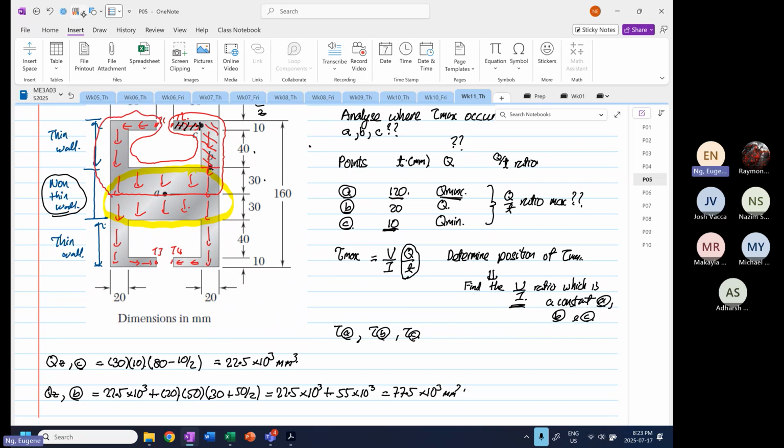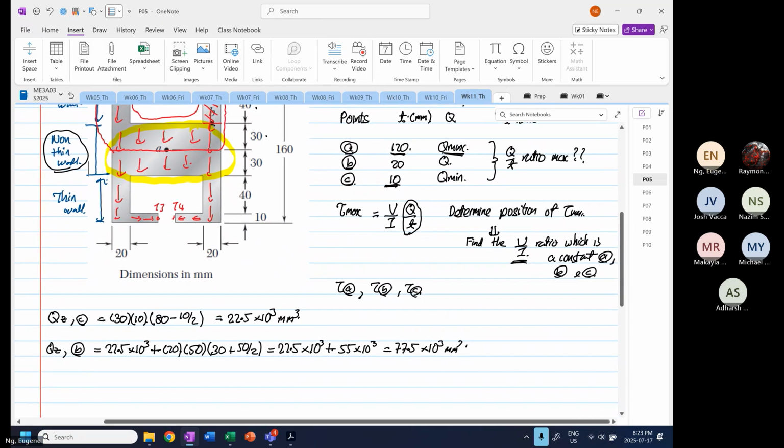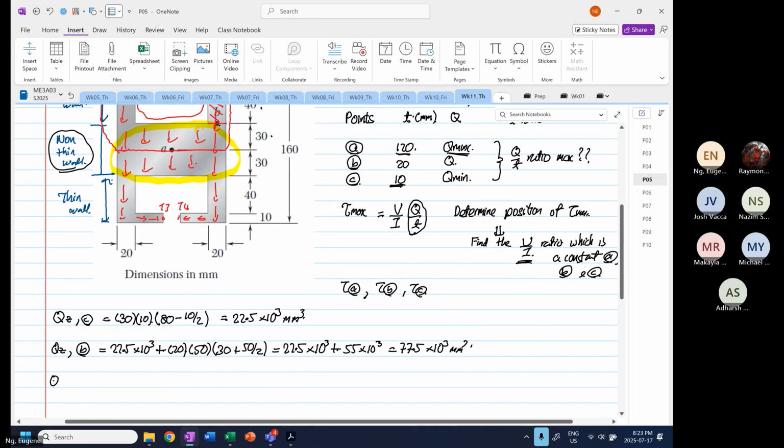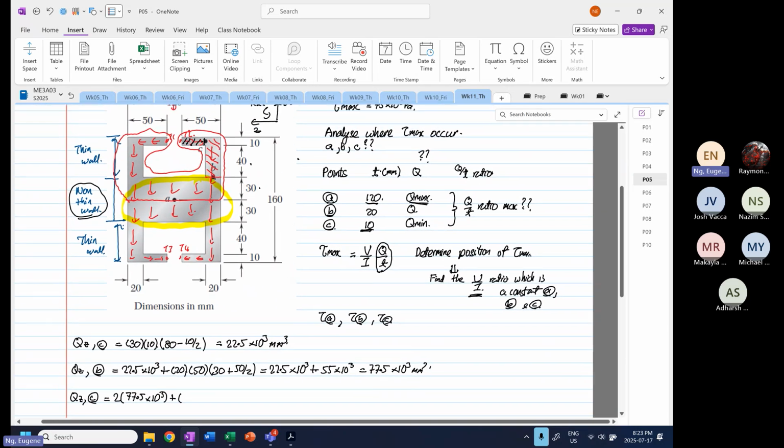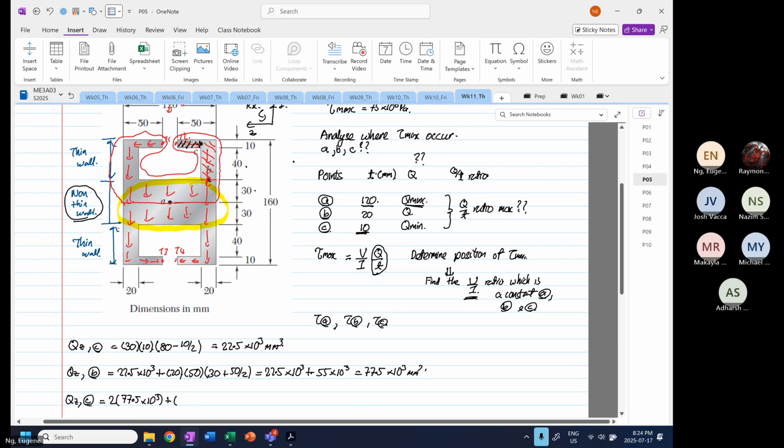Okay. So when that's the case, QZ at point C will be twice 77.5 plus the width, which is equal to 50, 120. The depth is 30. The y bar is 30 divided by 2.